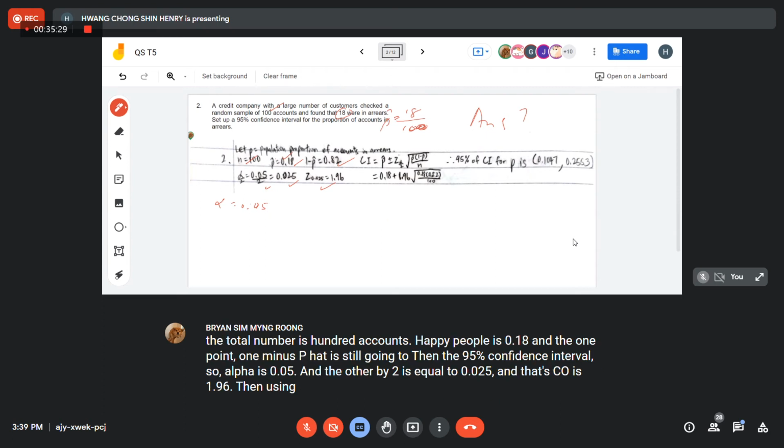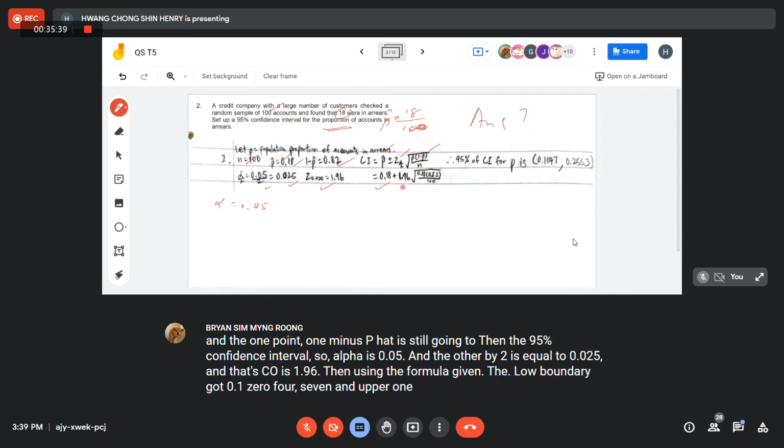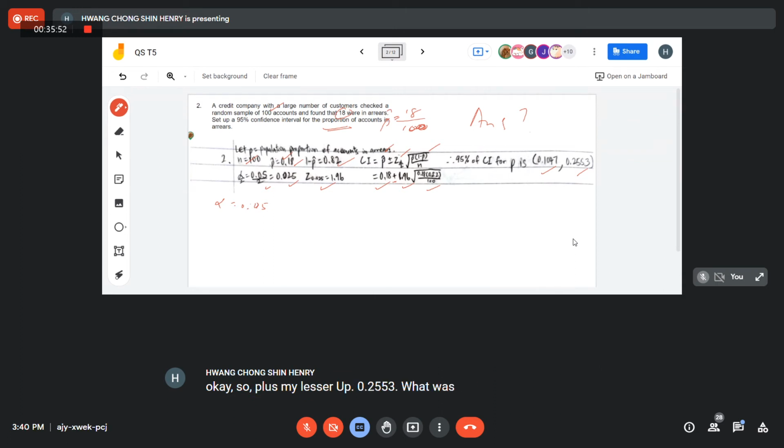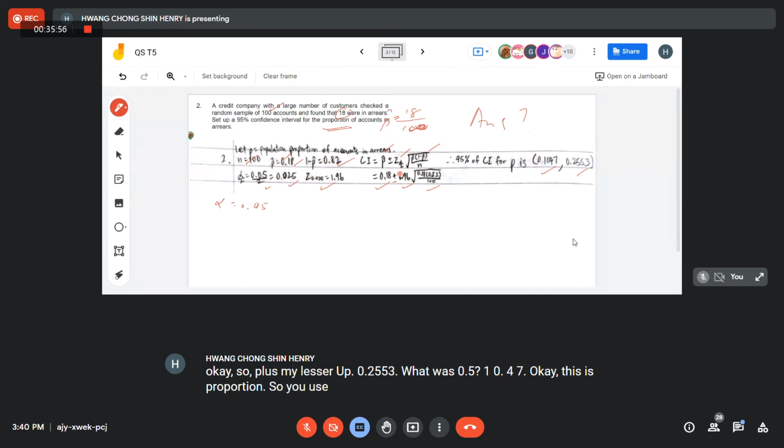Then using the formula given, the lower boundary I got 0.1047 and the upper boundary I got 0.2553. Okay, so upper 0.2553, lower 0.1047. This is proportion, so you use the P formula.